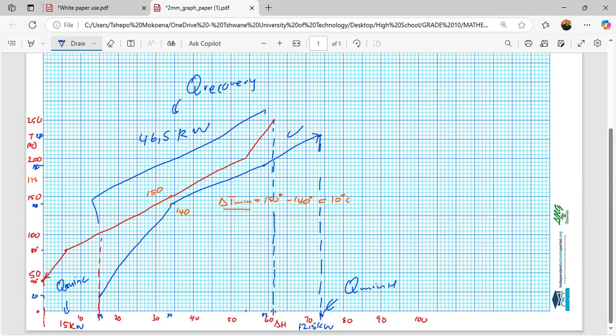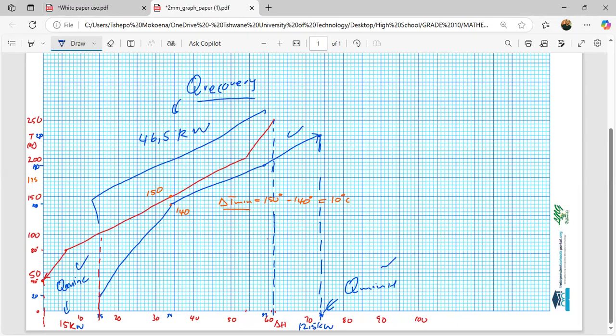So this is the other utility where we're going to add the heater so that we supply this stream with heat. So here we're going to need a cooler on this side, and we're going to need a heater. And then this is Q recovery, which is the process heat recovery. During the process, this is the heat that has been recovered.